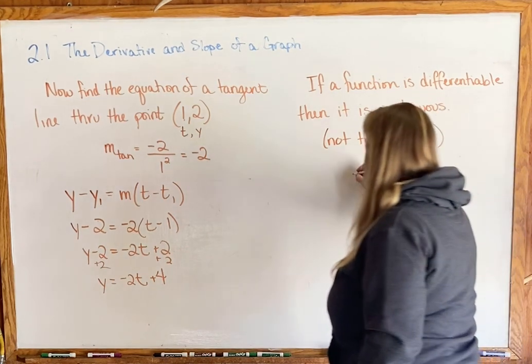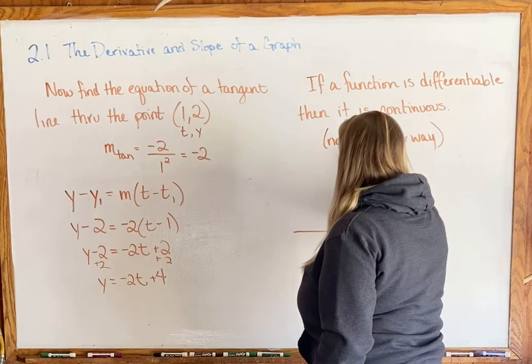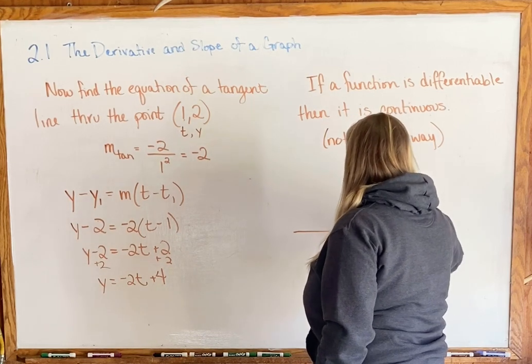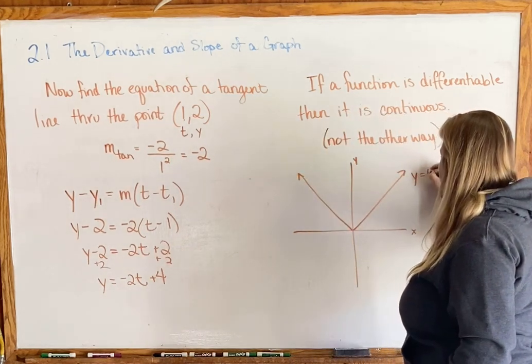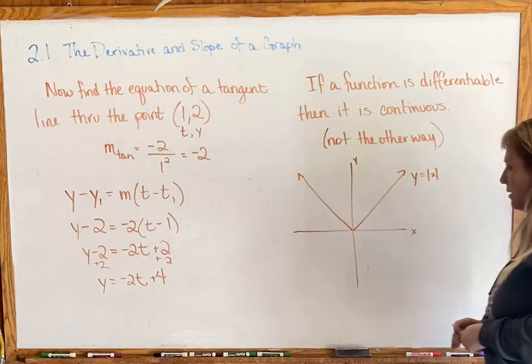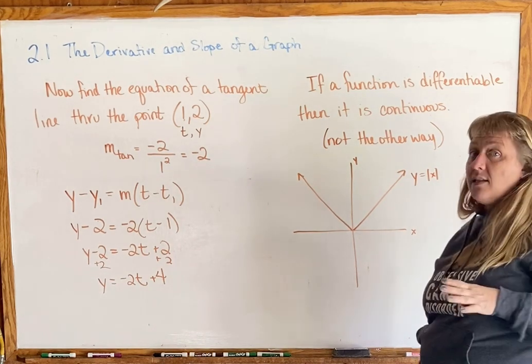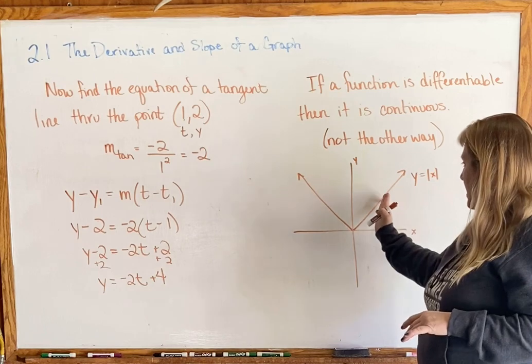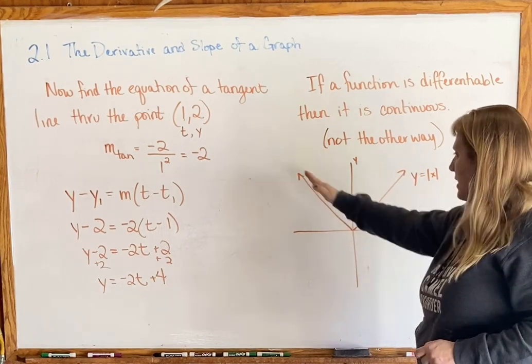So I want to give you an example here. Here's an example of a function that we have all seen before. If you don't remember, this guy is the absolute value of x. Now remember that derivative means the slope of the tangent line. So any point on here needs to have a tangent line, and it does here and here.